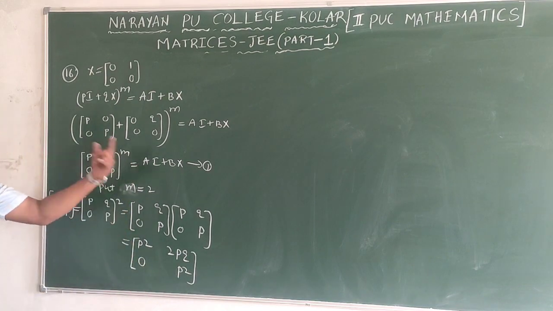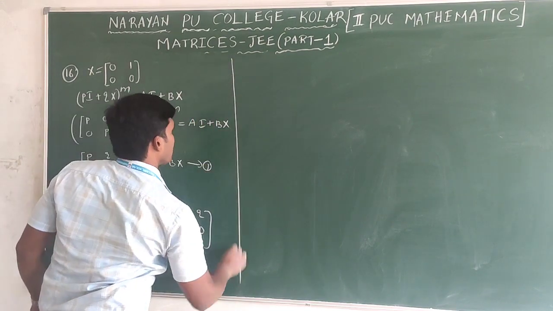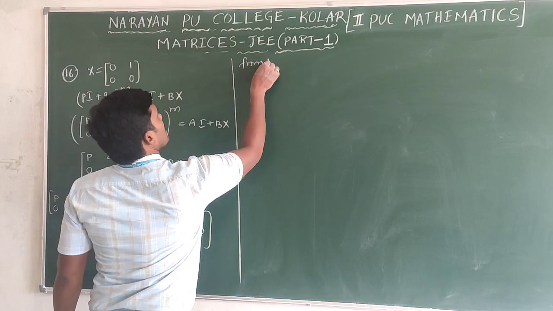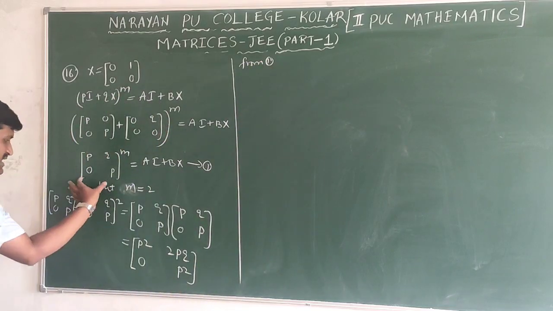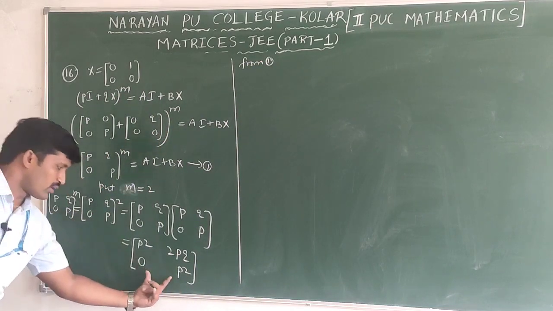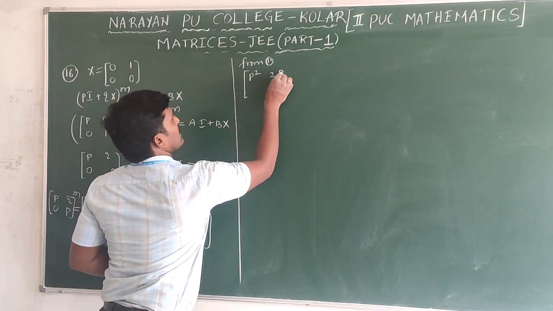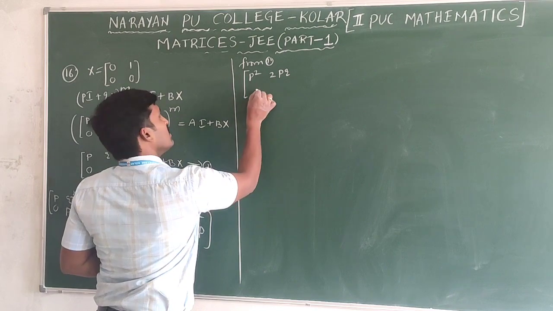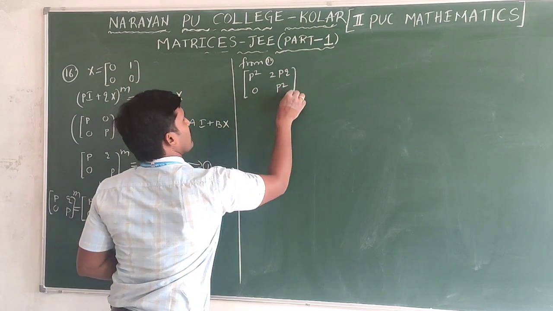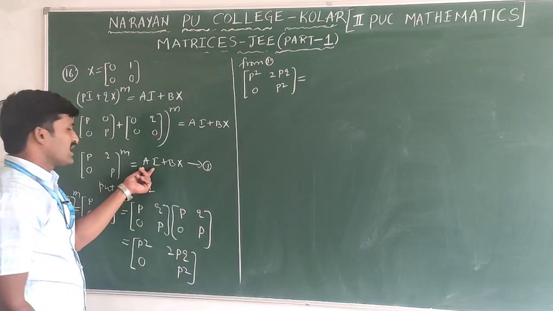Now this one we replace in equation number 1. From 1, in the place of m, I have taken 2, and we got this matrix: P square, 2 P Q, 0, P square, equal. Right side, what is there?